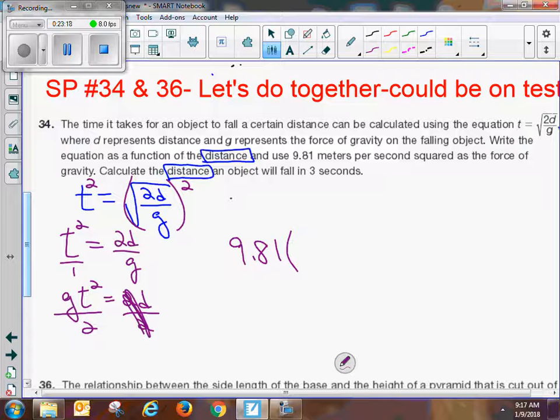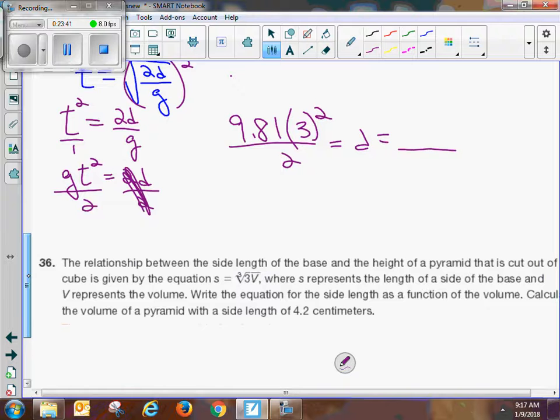Seconds is time. So 3 squared over 2, and then I'll leave it for you to do the math. If I didn't have a calculator that knew orders of operation, I would square the 3 times 9.81 and then divide by 2, enter. Question on that? Amazing. Lovely. Okay. We've got another one.